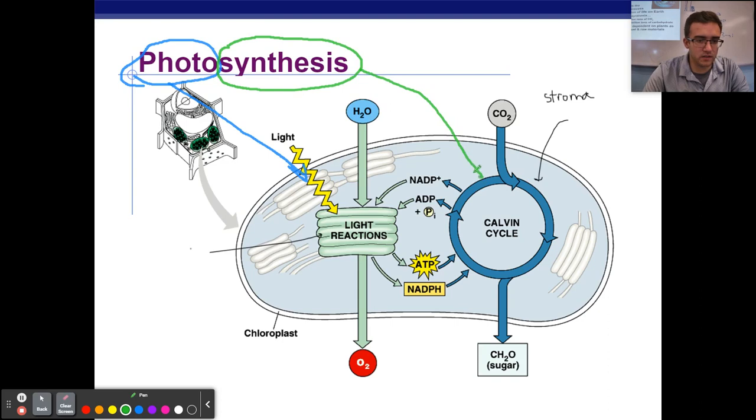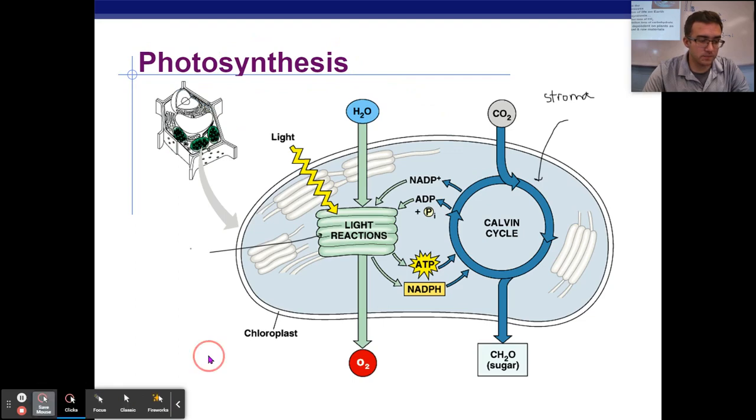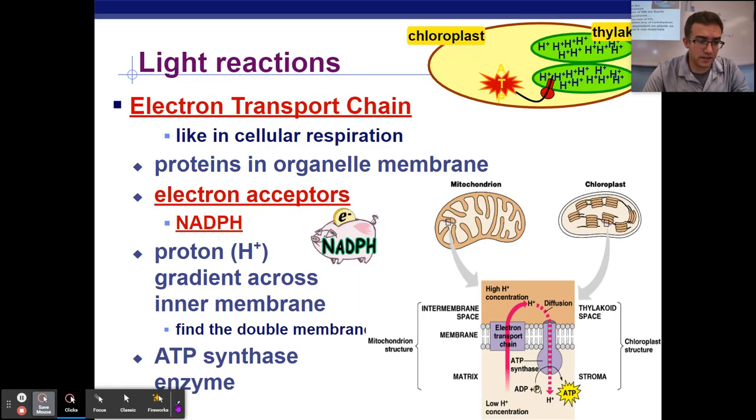So the Calvin cycle then is building the sugar. So the sugar that we get out of photosynthesis is made during the Calvin cycle. But in this video, we're going to start by looking at just the photo part of photosynthesis. So let's look at the light reaction.